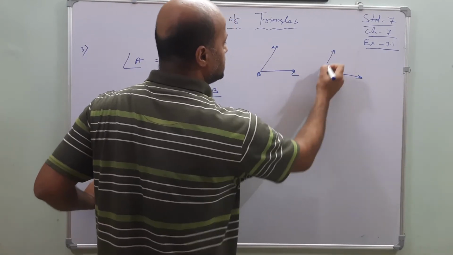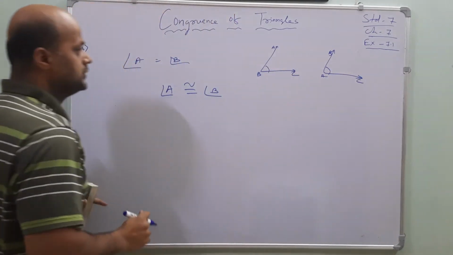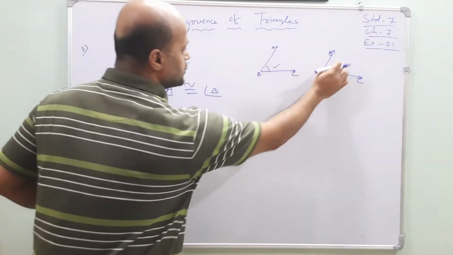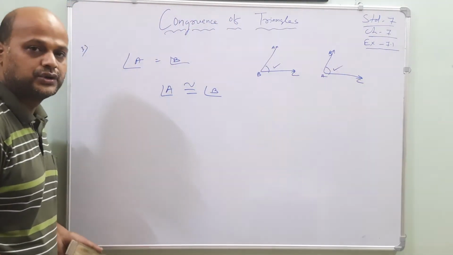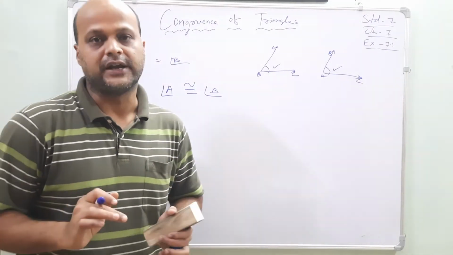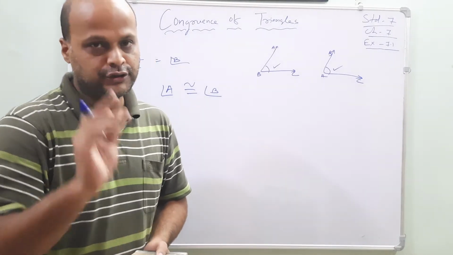And here it is BAC. If this angle is equal to this, then automatically these two angles are congruent to each other. No doubt must be there in your mind, because this is the simple trick to find the congruence between two angles.